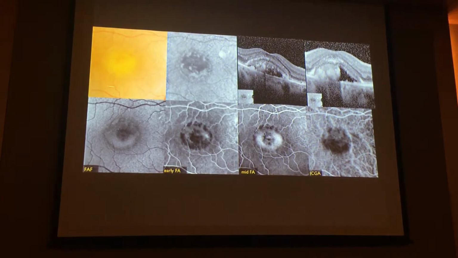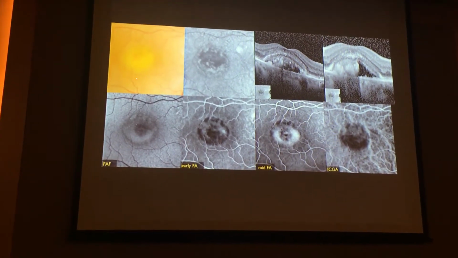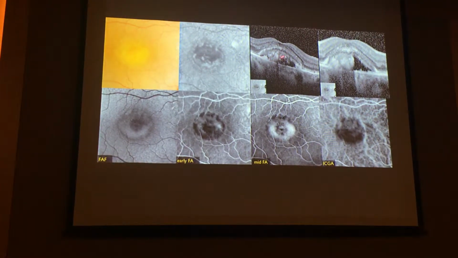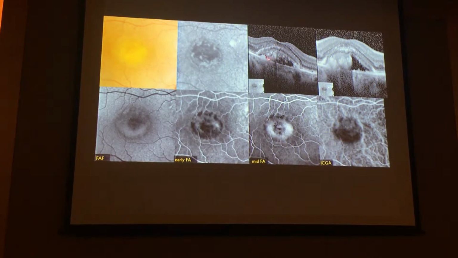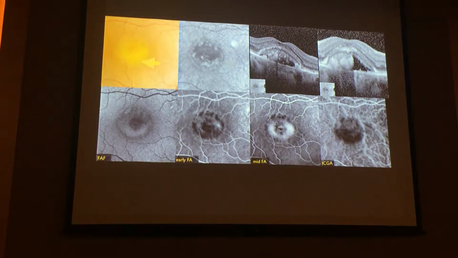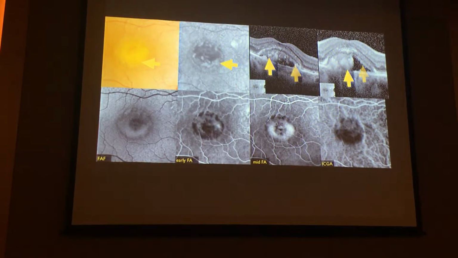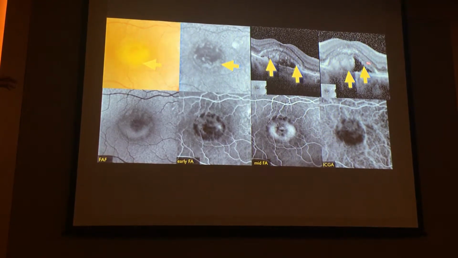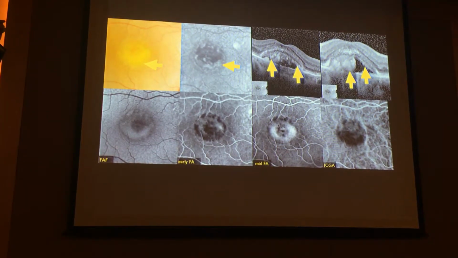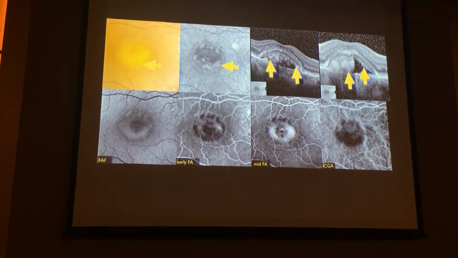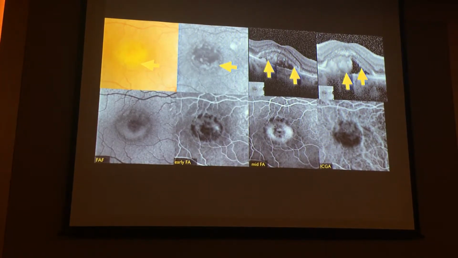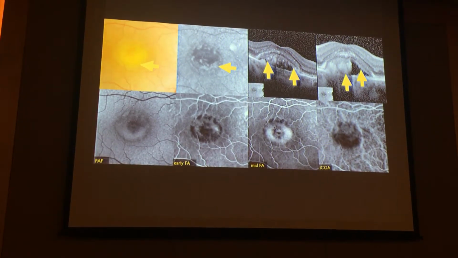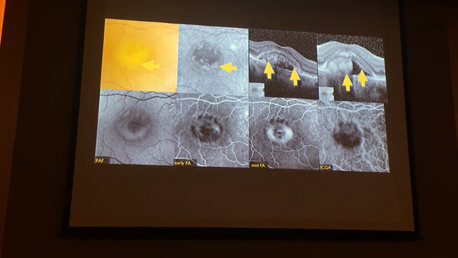So, orange coloring in color, and in infrared you see a highly reflective material that corresponds to this material here, with shaggy photoreceptors. Shaggy photoreceptor is not unique for this type of lesion, but you actually see it always, and it's difficult to see shaggy photoreceptors in a choroidal neovascularization because it's more acute, there is more movement of fluid, so you cannot expect that the photoreceptors are able to elongate quite a lot.